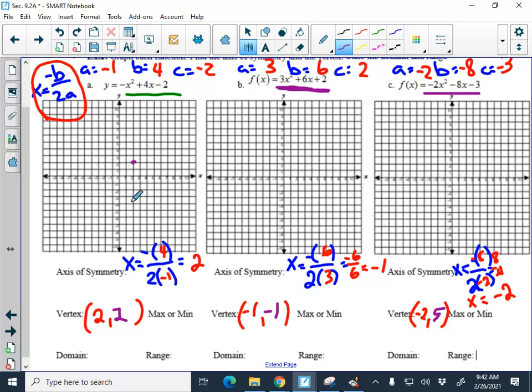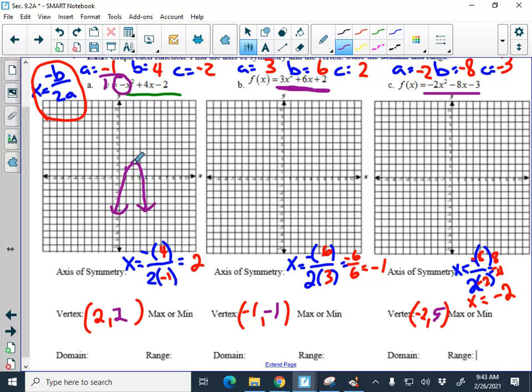Okay, now let's look. This one, how do I graph it? Is it going to open up or down? Down. So that value for A is negative 1. So I'm going to go down 1 over 1, down 1 over 1. If you remember, we talked about that in the last part. And I'm going to put my graph. So since it opens down, is this a maximum?